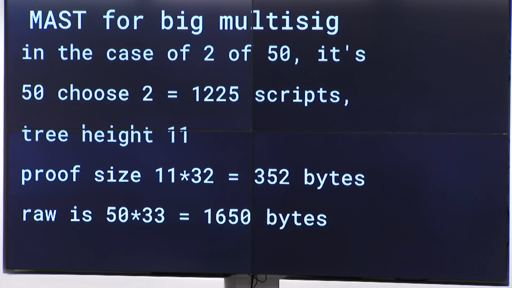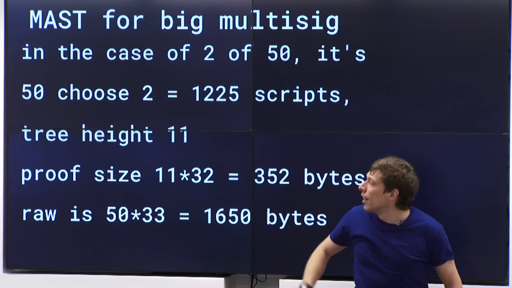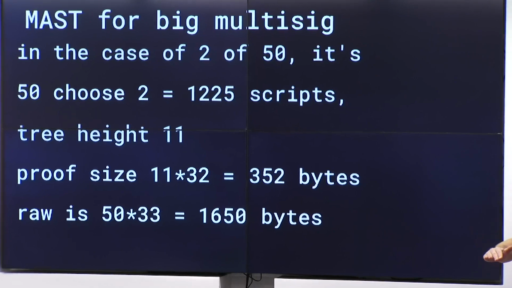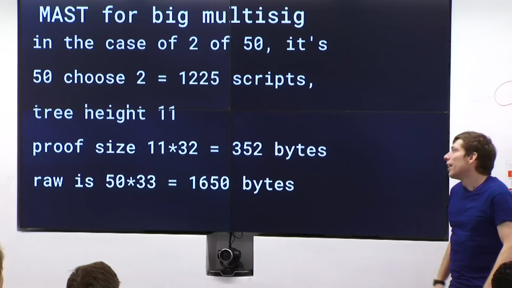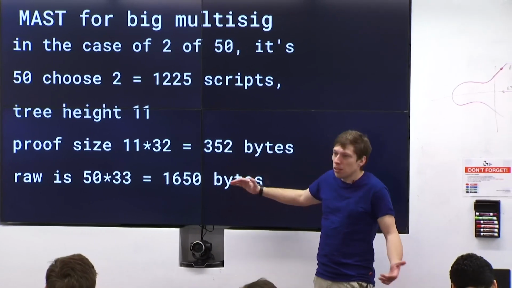And if you do a regular balanced binary tree, you get a tree height of 11, which is so close, right? If it was 1,024, it'd be 10, but it's a little over. And since it doesn't have to be symmetric, you can get tree height 10 for most leaves and 11 for some of them. Anyway, your proof size is going to be 352 bytes, which is okay.